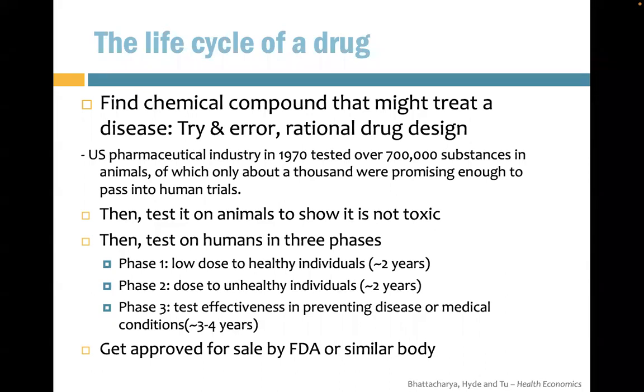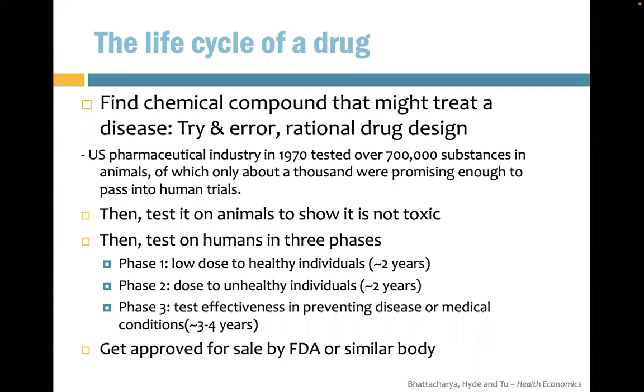And then you test it on humans in 3 different phases. In phase 1 and phase 2, it's usually about safety: low doses to healthy individuals, and then doses to unhealthy individuals. Phase 3 is usually the largest scale, or sometimes the final stage, where you test effectiveness in preventing disease or medical conditions.